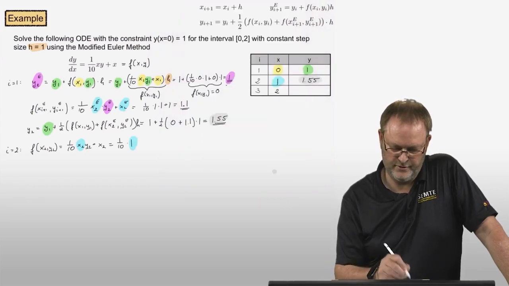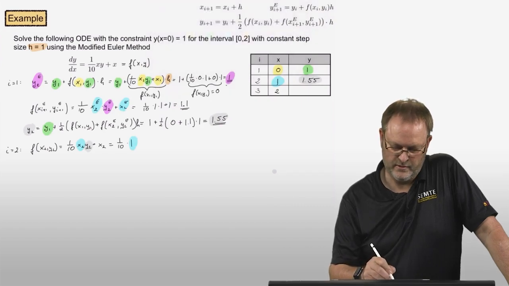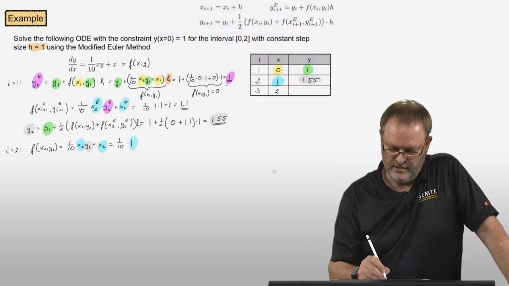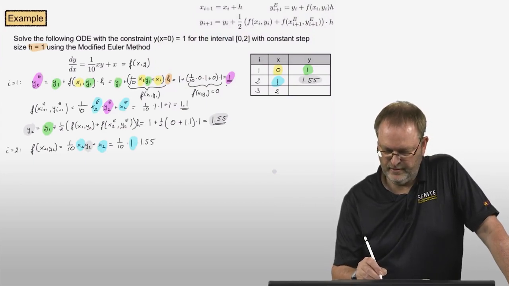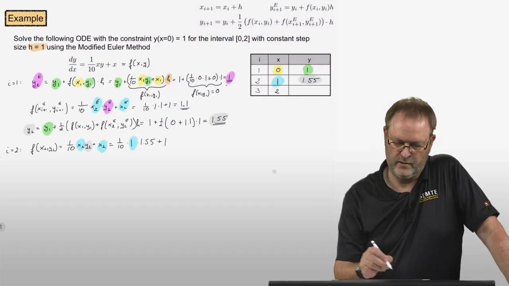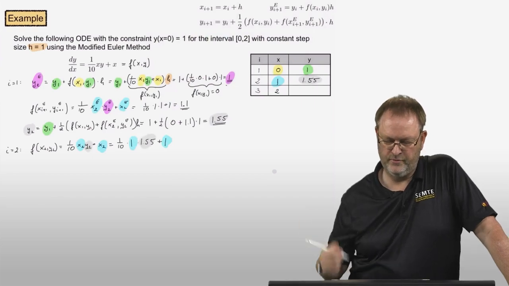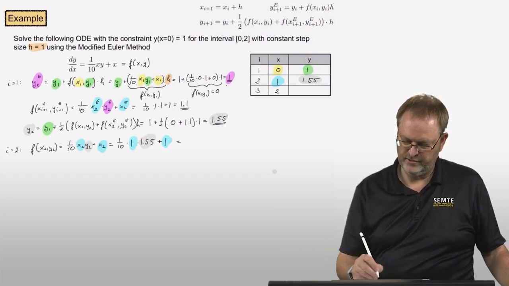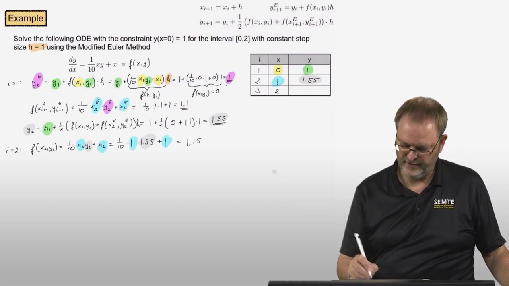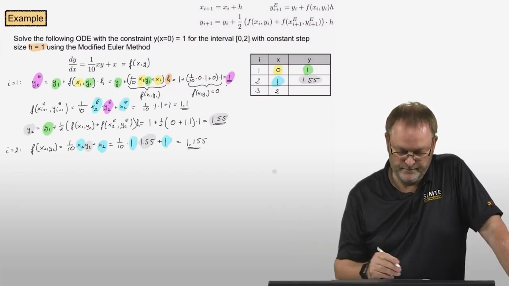It's this value, y2. That goes into here. And then I have the x2 value again. This one here. So let's plug in the value. So 1/10 times 1 times 1.55 plus 1. So that was my cyan value. This was the 1.55 that came from the table. So that would be equal to 1.155. Okay, so that's my f at x2, y2.